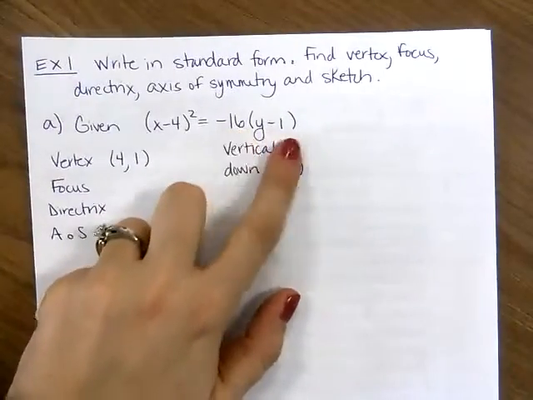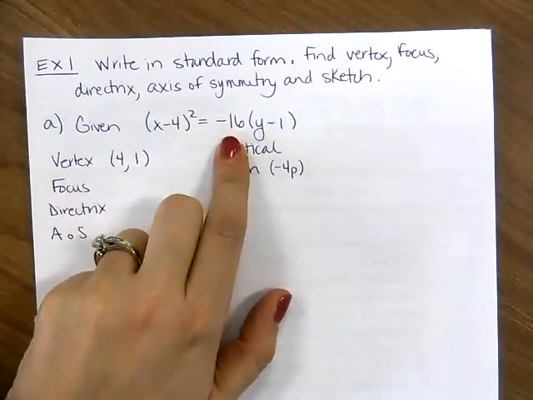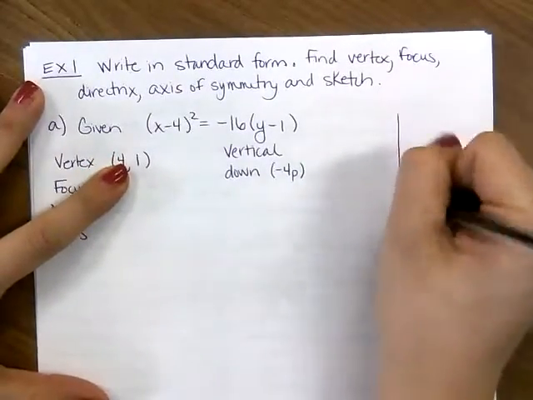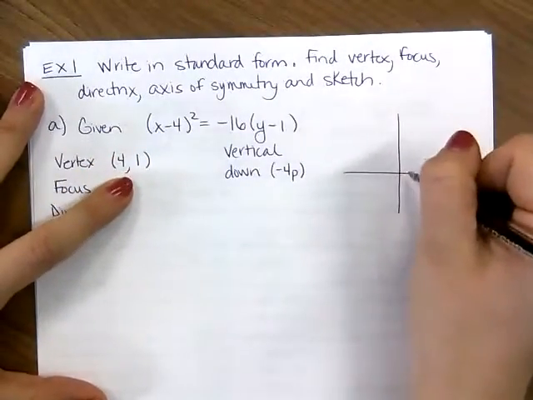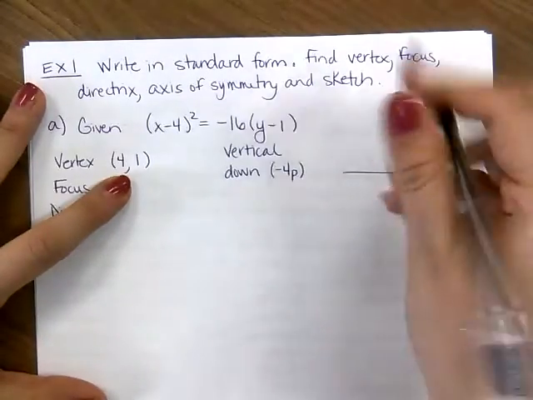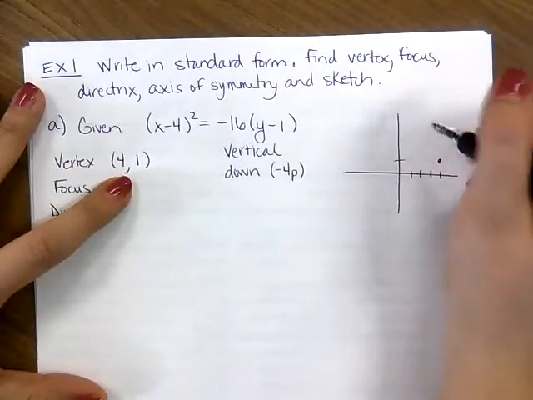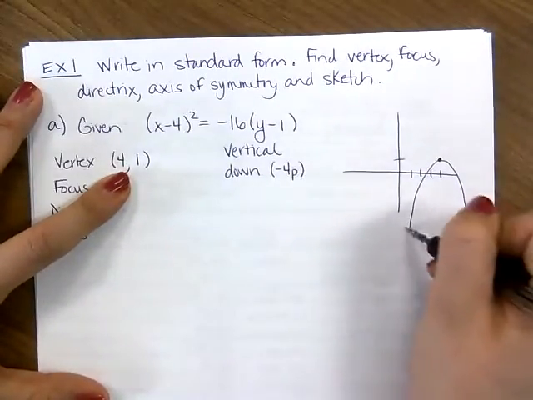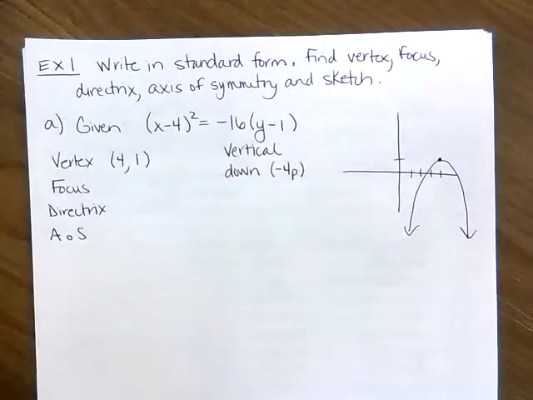The one in front of the second set of parentheses. Right now, I'm just going to do a quick little sketch so I can see what's going on. I have 4, 1 for my vertex, and I know that it points up. Nope, I lied. It points down.